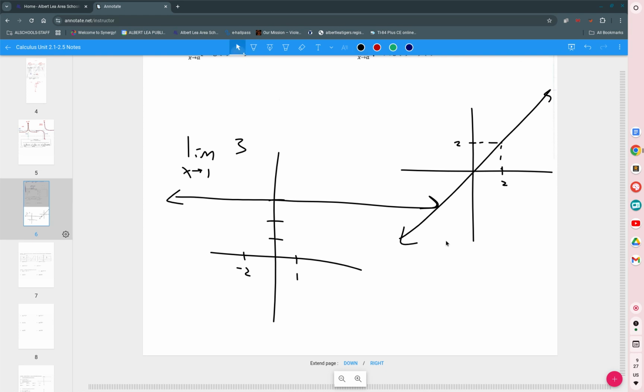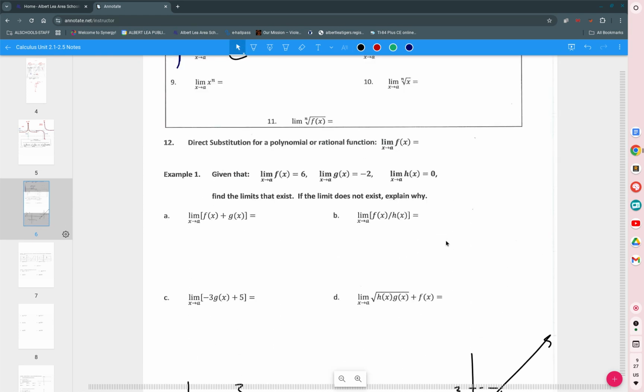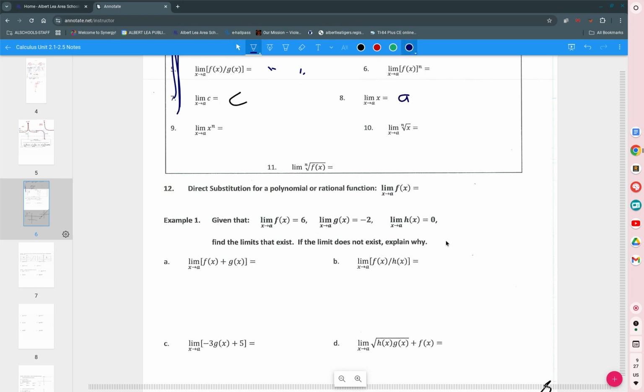So as x approaches a in this situation, the limit approaches a. In general, if you really have any polynomial, notice x to the nth power, it's a nicely behaving function. You can simply just plug a in for x, and so this becomes a to the nth power.